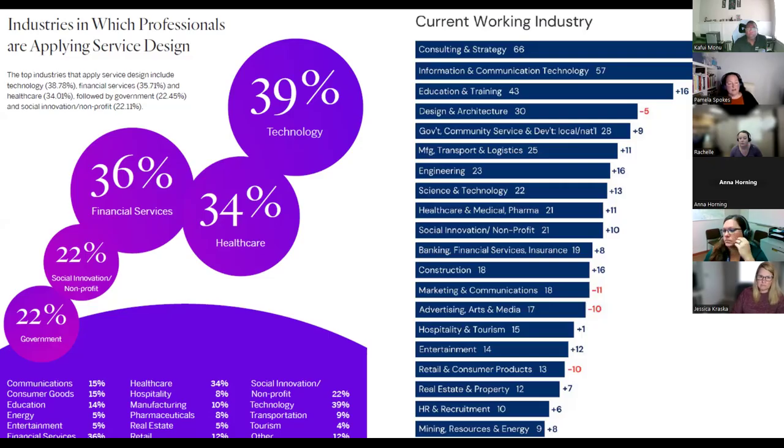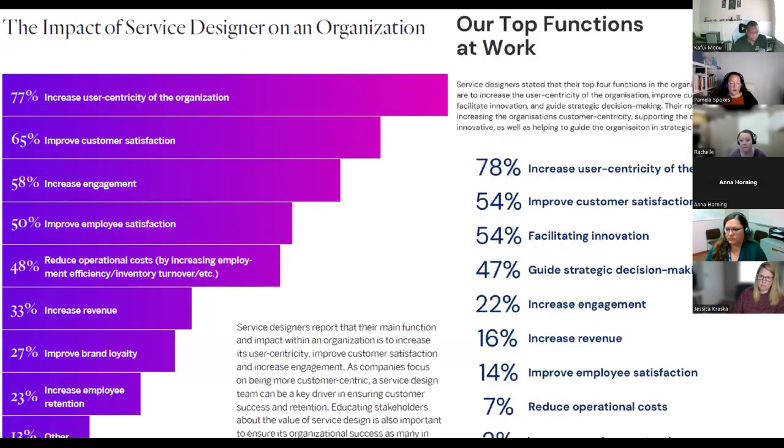So just seeing that, but also what they are doing. Why are you at your work? What are they expecting from you? In the US on the left here: to increase user centricity of the organization, to improve customer satisfaction, to increase engagement, to improve employee satisfaction, reduce operational costs, increase revenue.